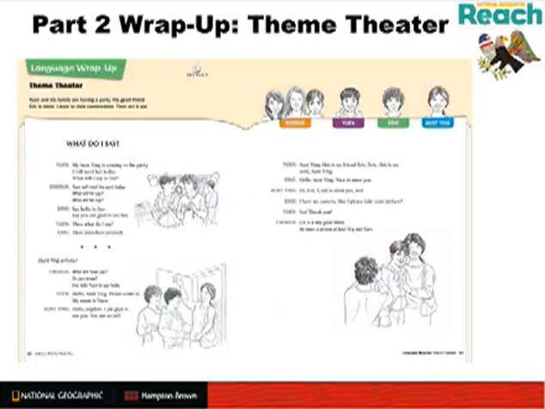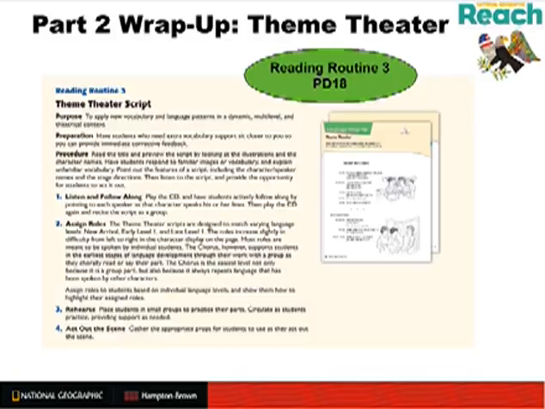In part two of your unit, the wrap-up activity is a theme theater. This follows a specific reading routine, theme theater script, that's in your teacher's guide and lesson plan, or also up front. It's Reading Routine 3 on PD 18.